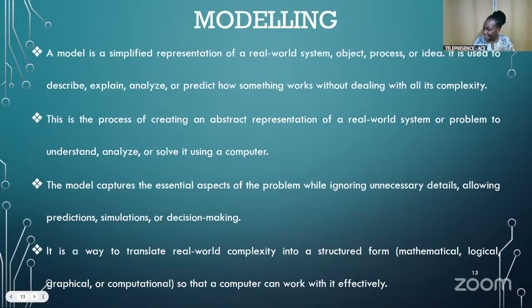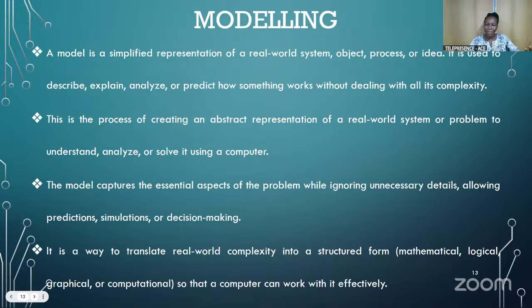You have several systems in your body. You have the respiratory system, the nervous system, the digestive system, and others. You can decide that you want to model a particular system, which is the respiratory system. Then you can start talking about maybe the elements in it, maybe the lungs, maybe the diaphragm.